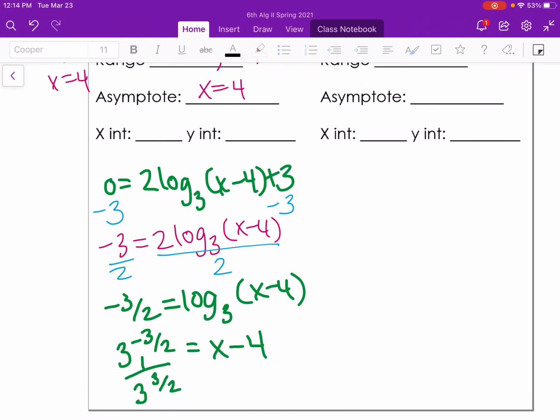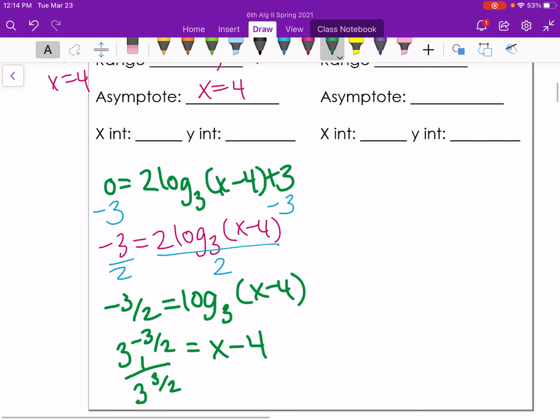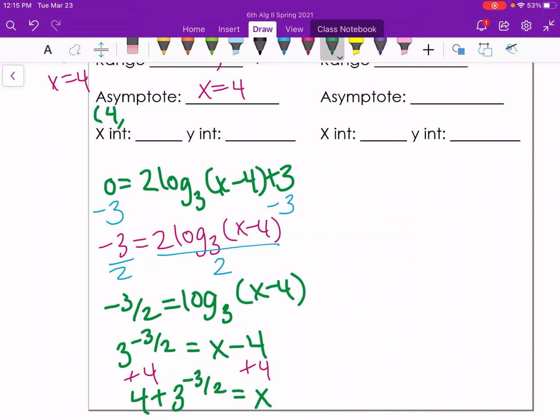This doesn't say that it needs anything specified, like to the nearest 10th or anything like that. So I'm going to add 4 to both sides. So my x-intercept is at 4 plus 3 to the negative 3 halves. Oh, whoops, sorry. 4 plus 3 to the negative 3 halves, comma, 0.